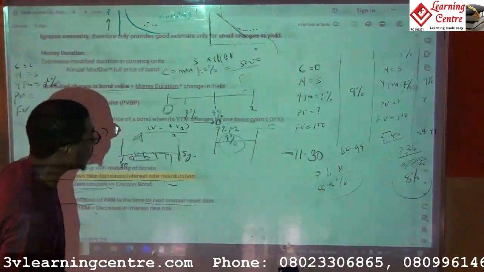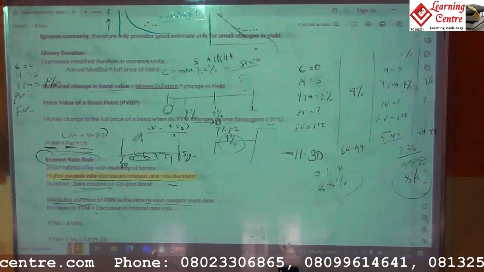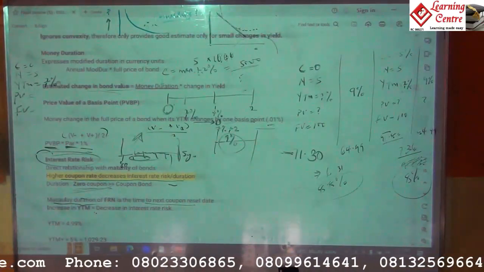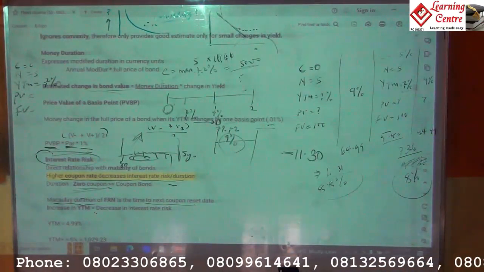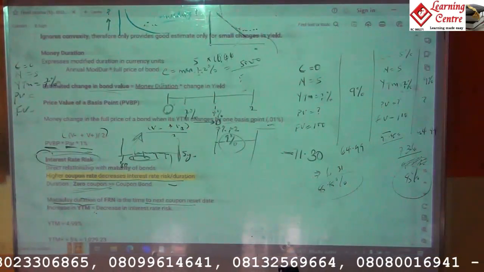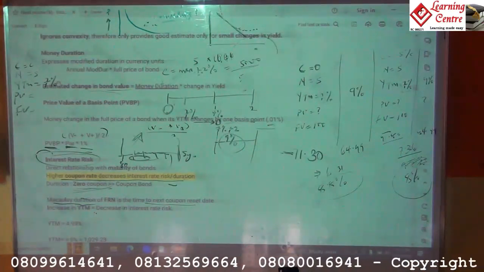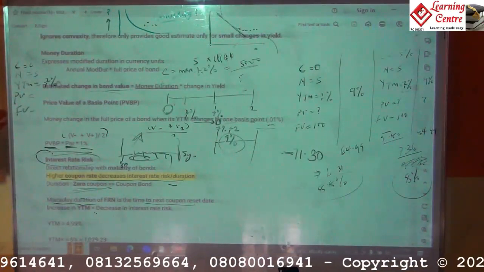The implication of what you said is, if before the next payment date the MRR changes, the coupon payments will be made at the old rate. Yes.